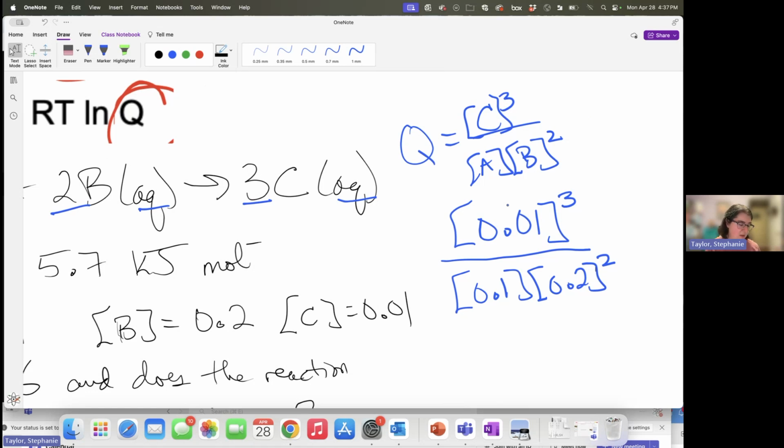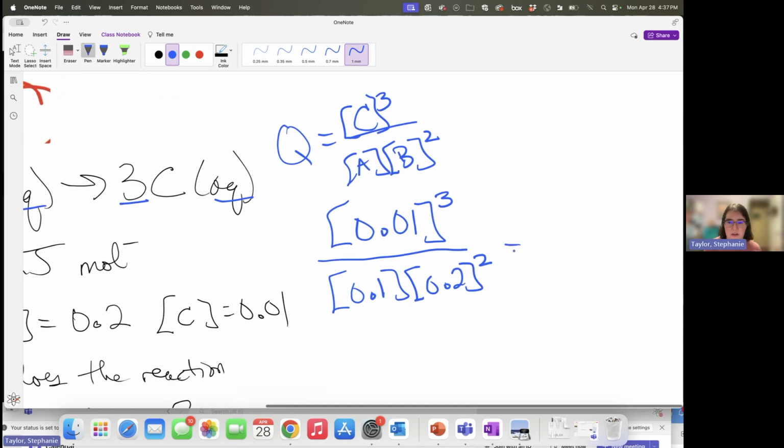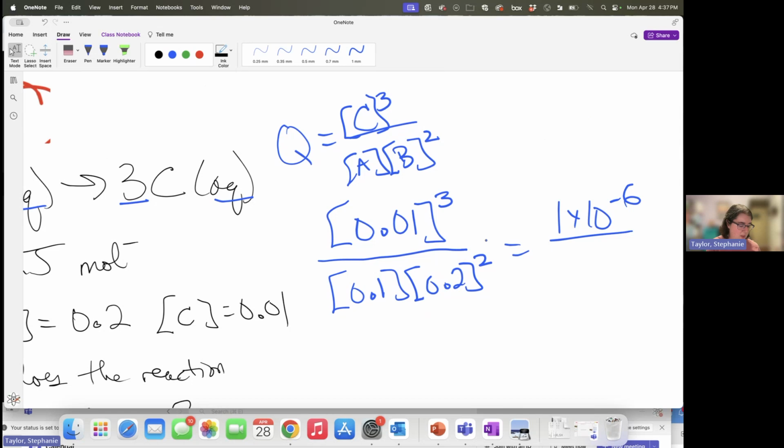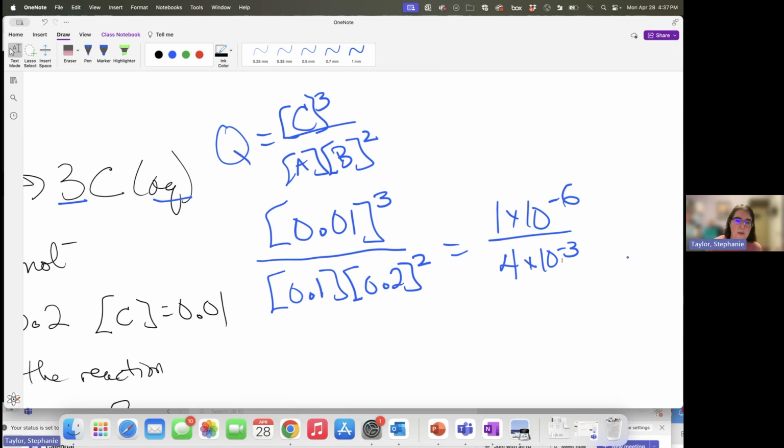So I'm going to break this down to make sure I don't make mistakes, hopefully. And then 0.2 squared is 0.04 times 0.1, gives me divided by 4 times 10 to the negative 3. So my Q value should still be small.